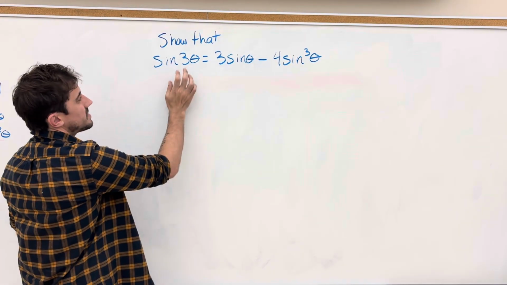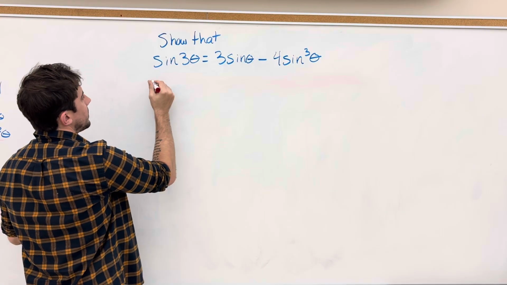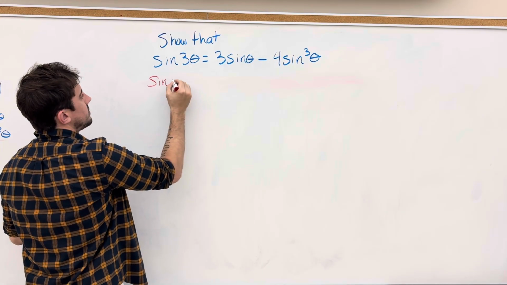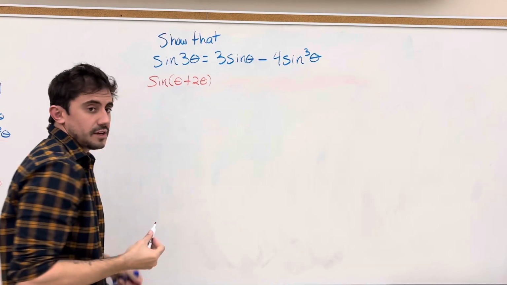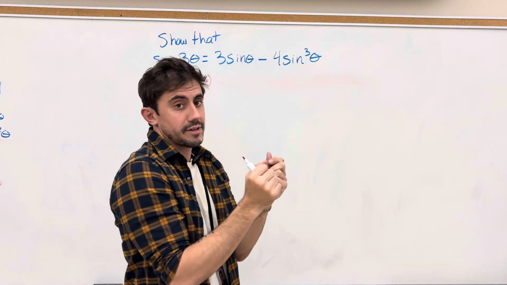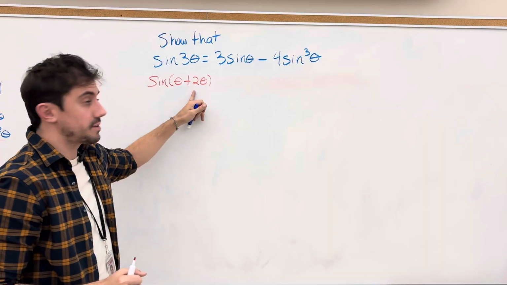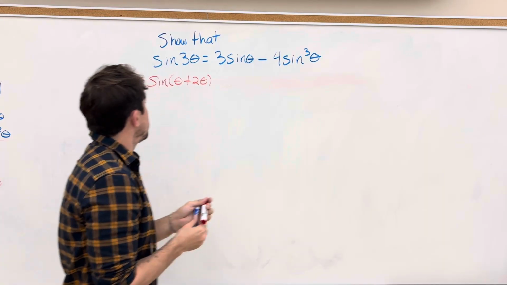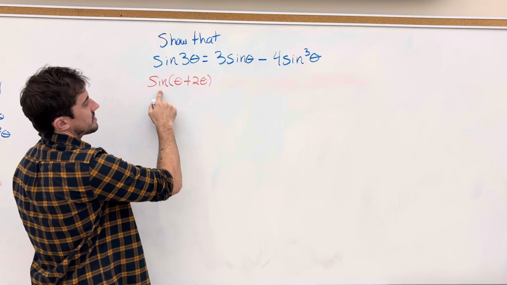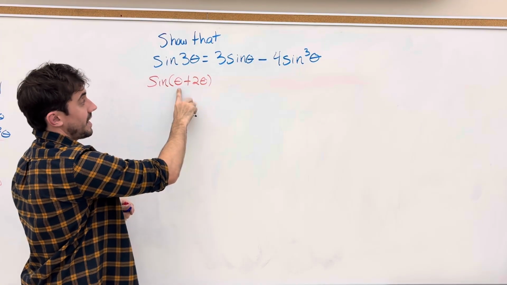Because sine 3 theta can be written as sine of theta plus 2 theta. We can break apart that compound angle, and then we can use our compound angle identities, which we've looked at a few times before. So if we have sine of theta plus 2 theta, that's like a plus b, right?